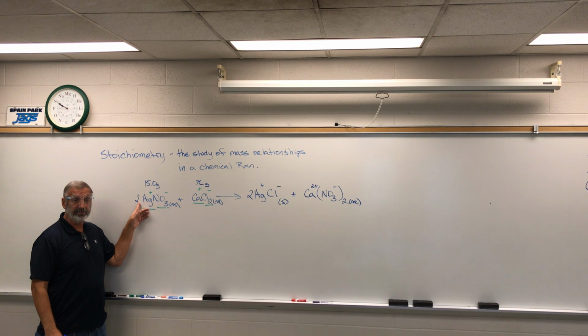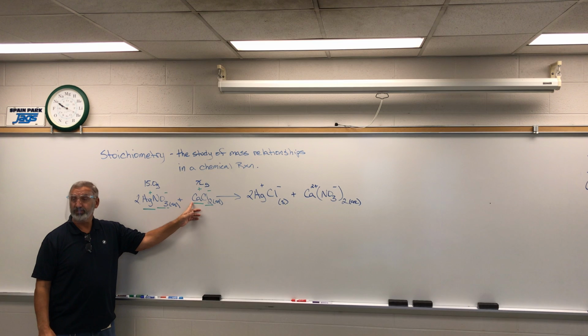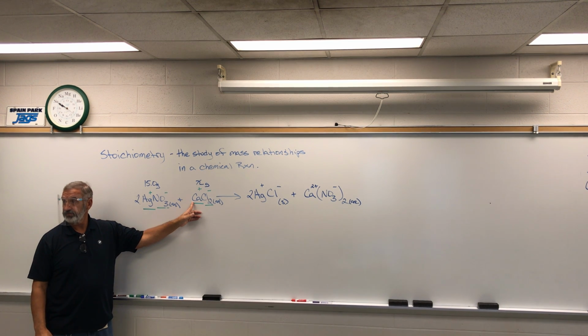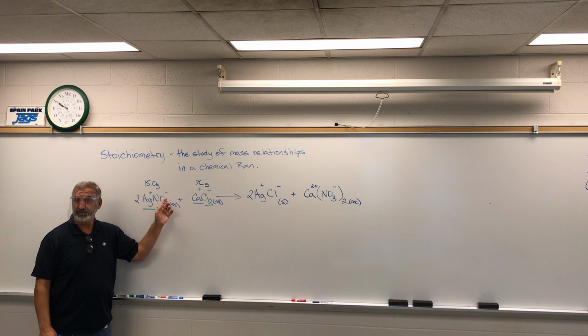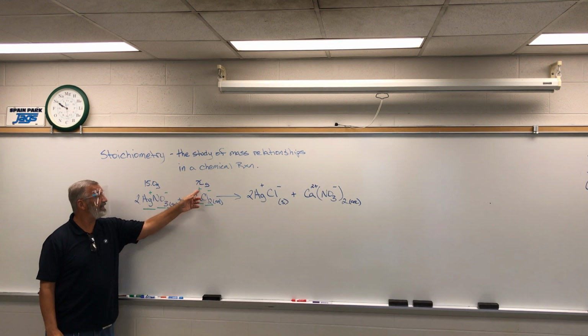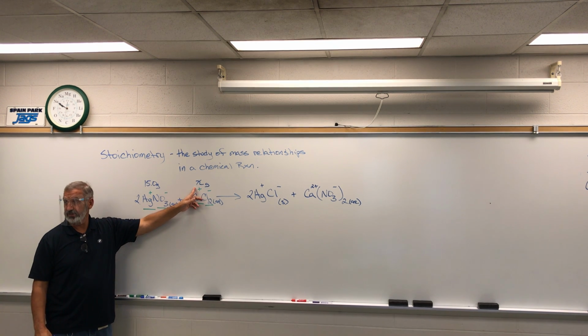Mole ratio, right? This tells me that 2 moles of silver nitrate are going to react with only 1 mole of calcium chloride. Now the moles weigh different amounts because these have different molar masses. So we have grams, so it's not going to be twice as many grams. So we can't just say 7.5 grams here, because it's a mole ratio, not a gram ratio.